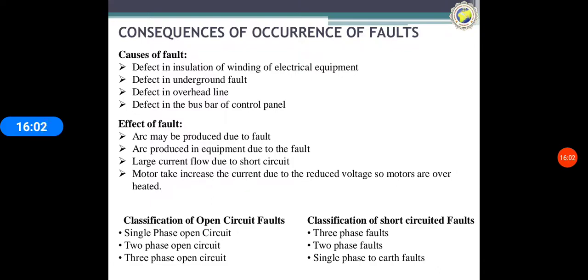And the last one is a defect in the bus bar of the control panel.